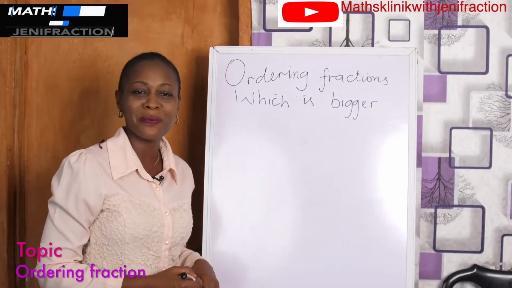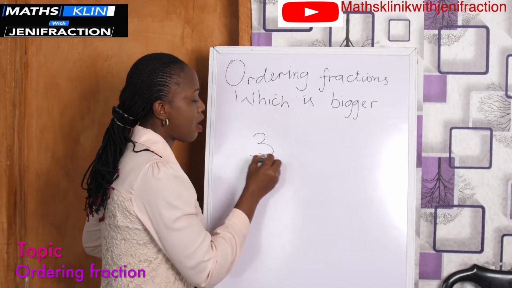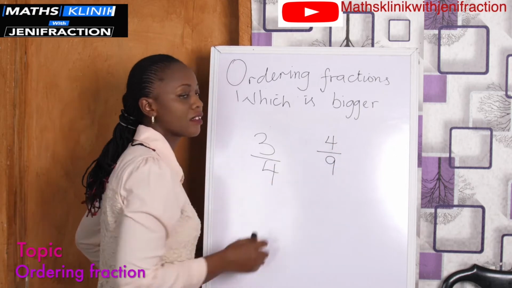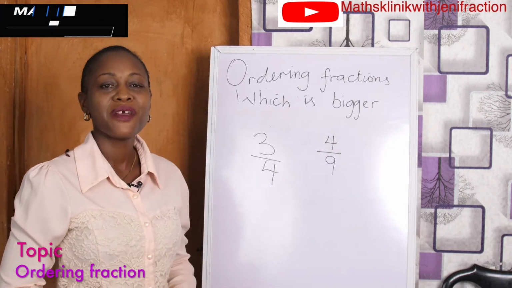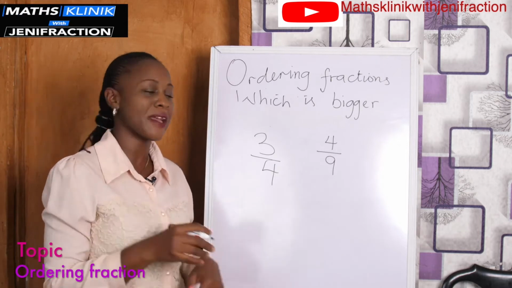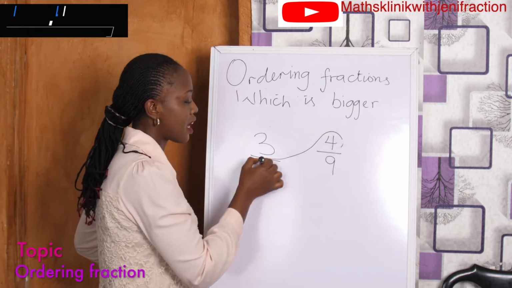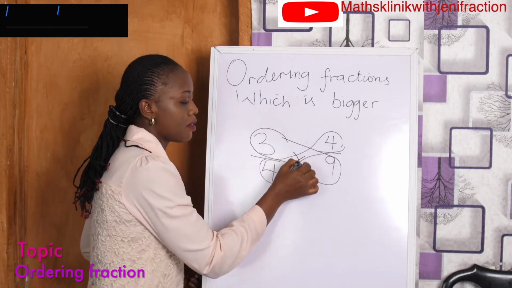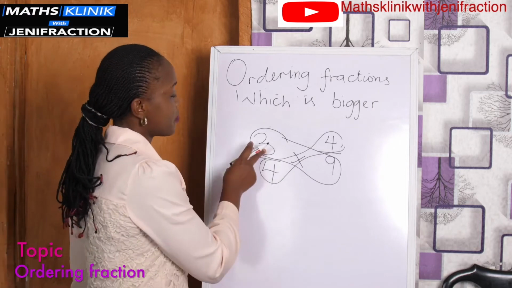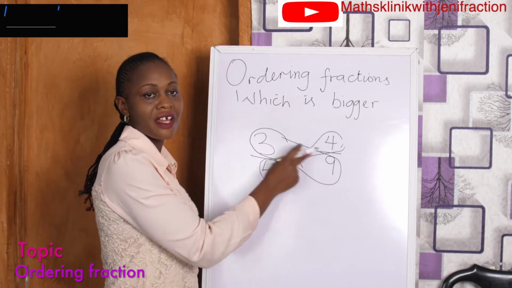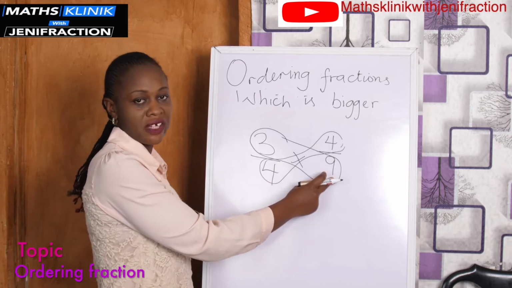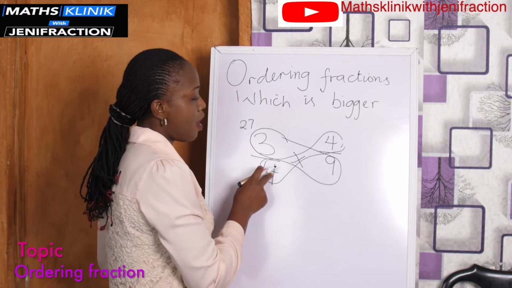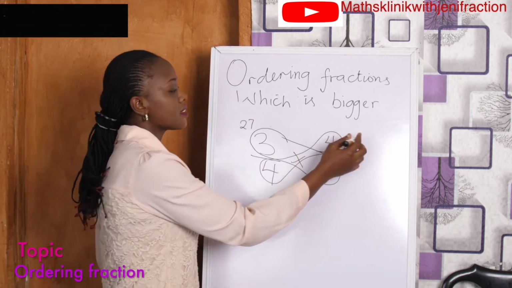Let's take another example. I have 3 over 4, and I have 4 over 9. Which is bigger? Remember, we're using the butterfly method. So I'll cross this out, and I'll cross this. And I'm using my multiplication. So I have 3 times 9. 3 times 9 is 27. I'll write my 27. 4 times 4 is 16.